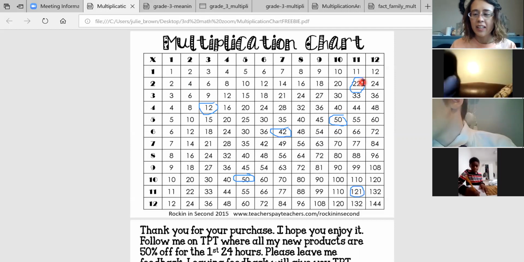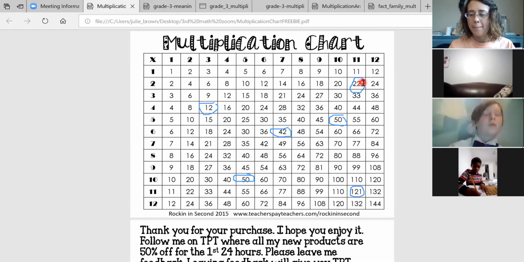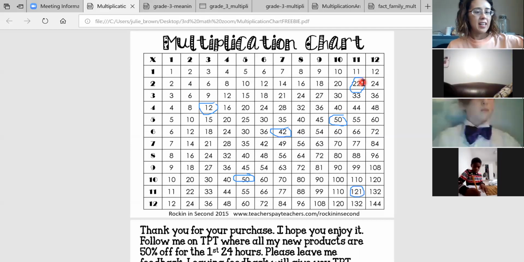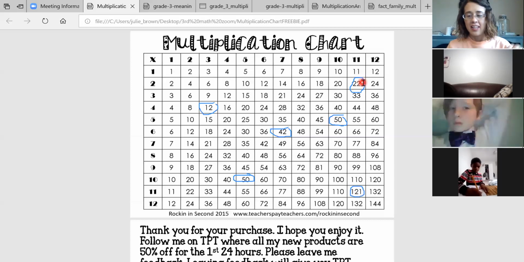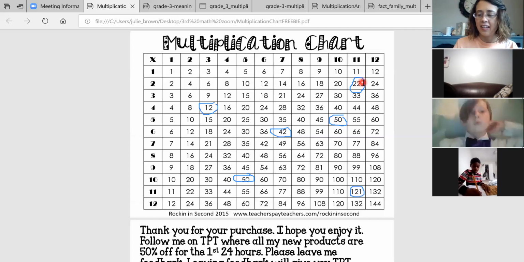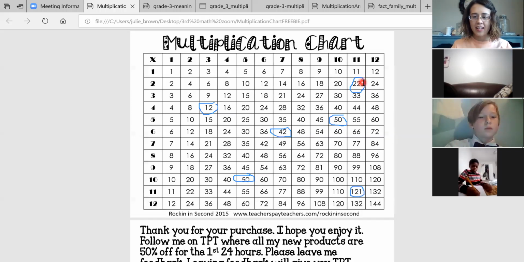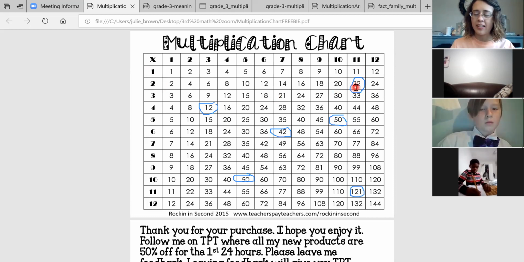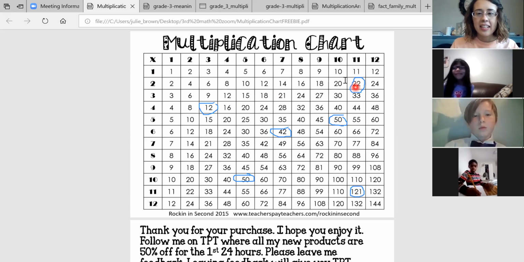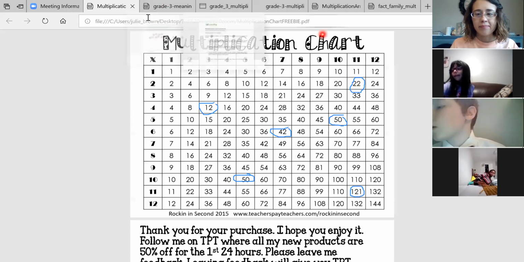Okay, let me get a clean page. Got it. Alrighty, let's keep on going.